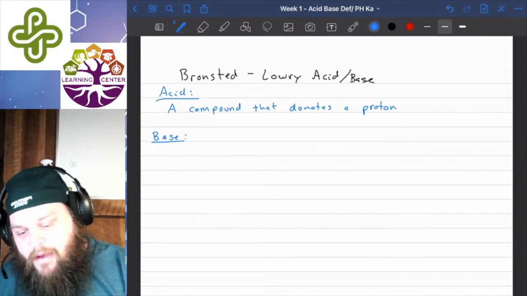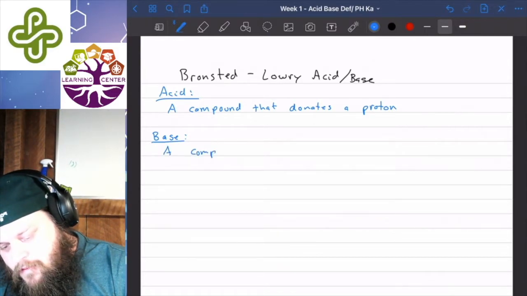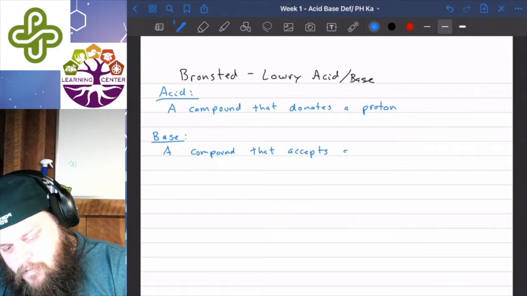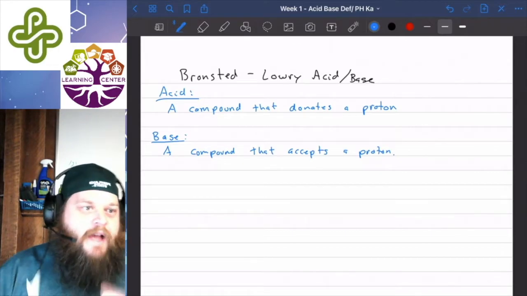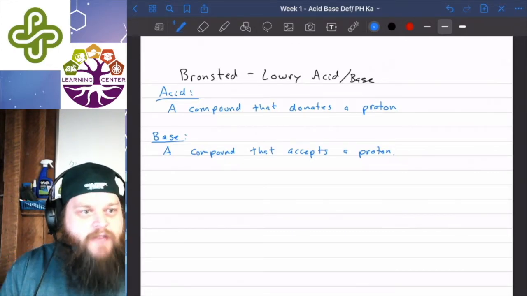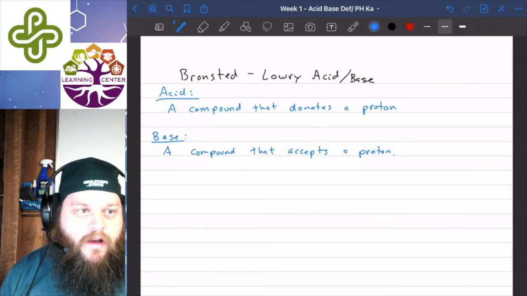A base would be a compound that would accept a proton. So an acid is something that would lose a proton, lose a hydrogen. A base is going to accept that hydrogen or want to take that proton in.